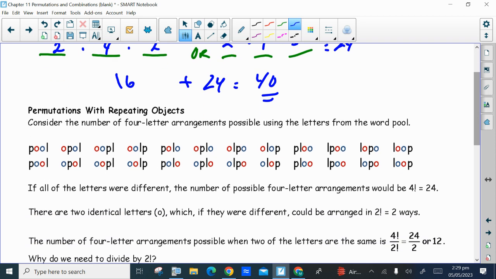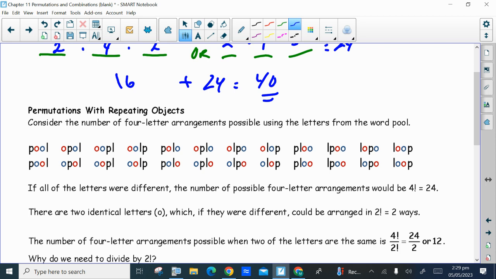Now, what about when you have objects that repeat? Consider the number of 4-letter arrangements using the letters from the word pool, P-O-O-L. So there's actually 24 of them that are written out there, but you can see that a bunch repeat.